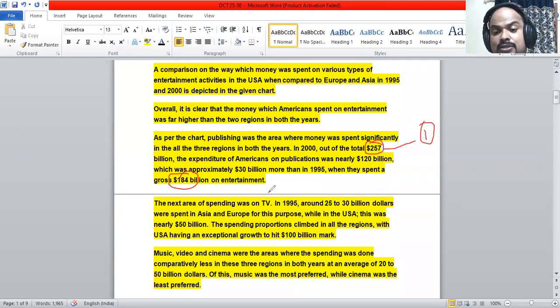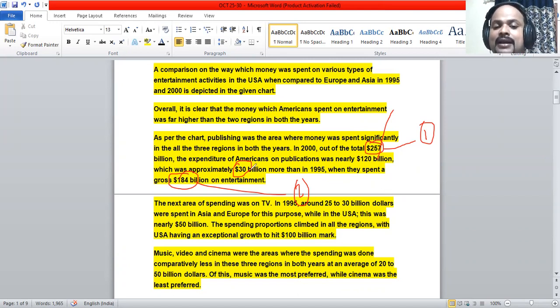This is in 2000 and this is in 1995. Out of this, the money which Americans spent on publications in 2000 is 120 billion, and a comparison is given, 30 billion more than in 1995. So 120 minus 30, it is around 90 billion dollars.